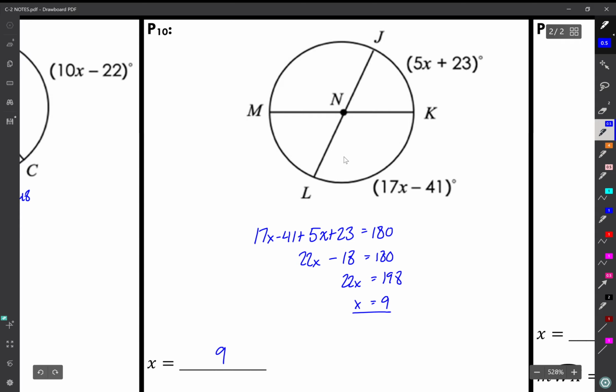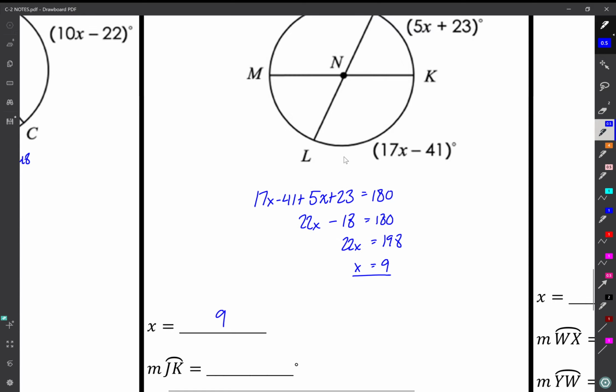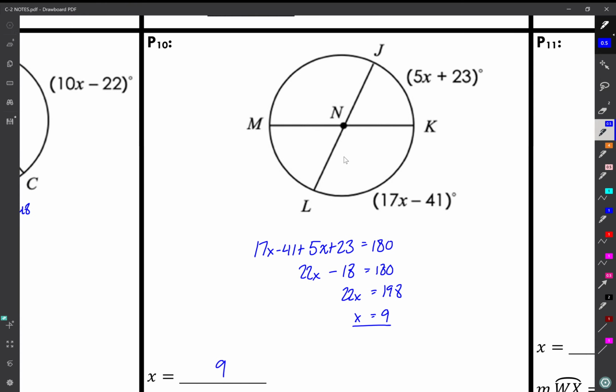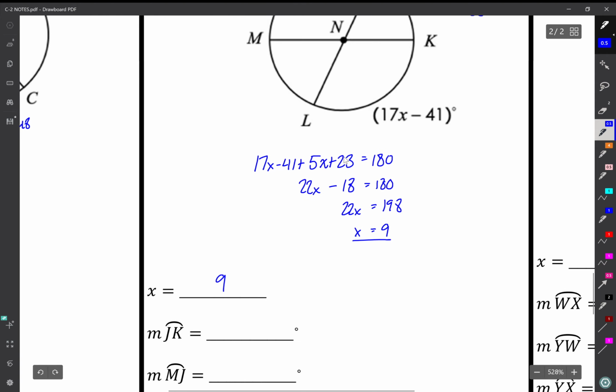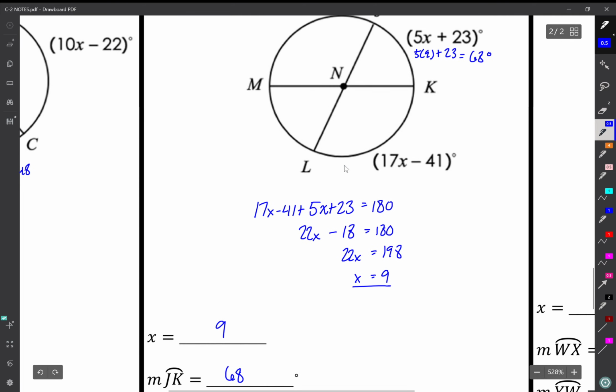Alright, now, what's it want now? It wants the measure of arc JK. So we'll just plug in 9 here. That is 68 degrees. MJ.